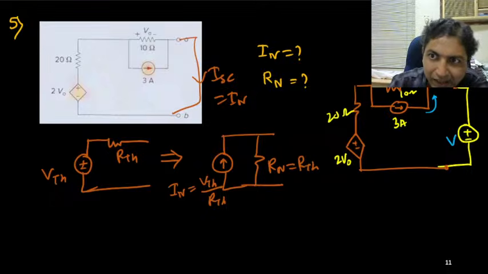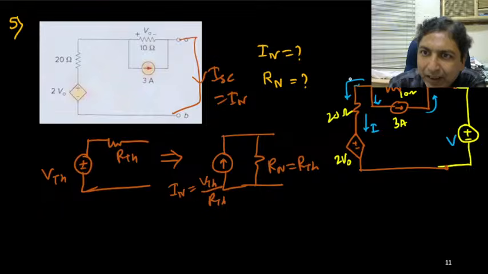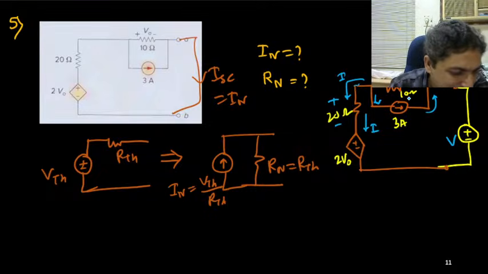Okay, and if this current is I, this current is also I, because again I will be getting the same current in this side. Because 3 ampere current is leaving here, again it is I. So the voltage drop across this one is 20 into I, this is 2 V naught, and V naught you can relate to 10 into, but you have to be careful about sign, minus sign, I plus 3 into 10.